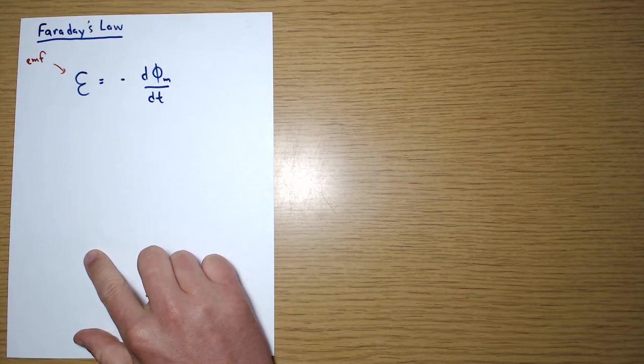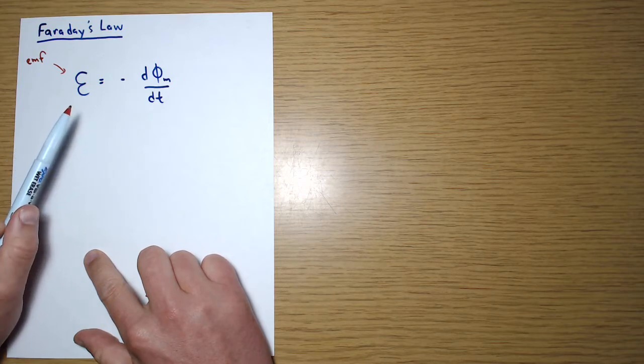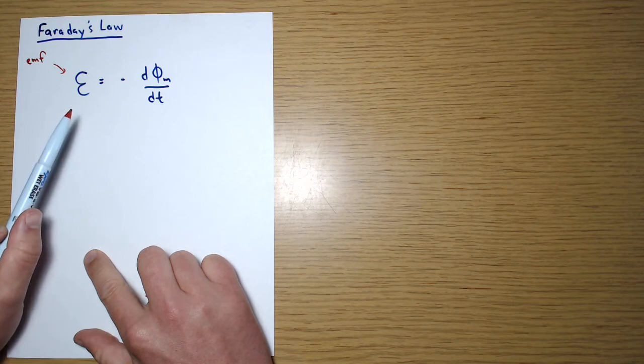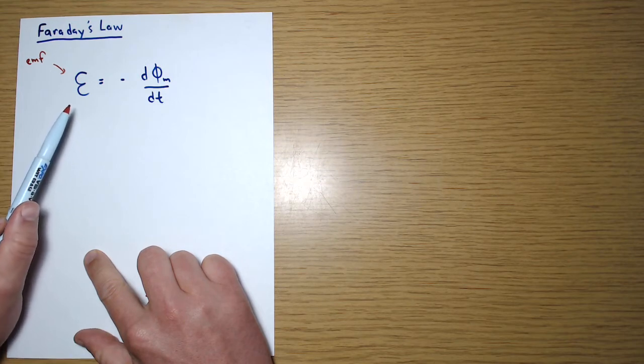It causes a motive force, and the motive force is caused by electrical influences. So sometimes we use the word voltage or electric potential difference when there is this electromotive force present. It drives the flow of charge.